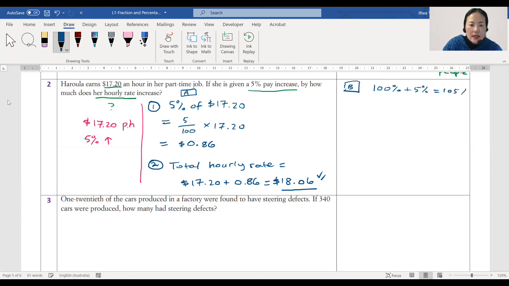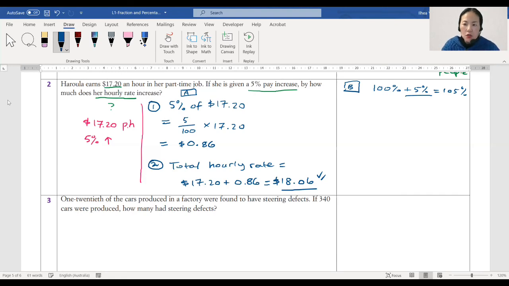Think of it this way. Harola is getting $17.20. That's like she's getting paid 100% of her wage, isn't it? 100%, right? She's not getting paid less or more. She's just getting 100%. So $17.20 is her 100%. Okay, and then we're adding 5% on top of that.